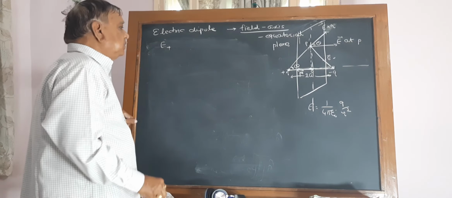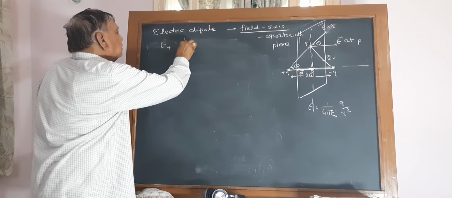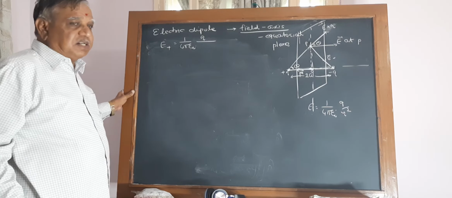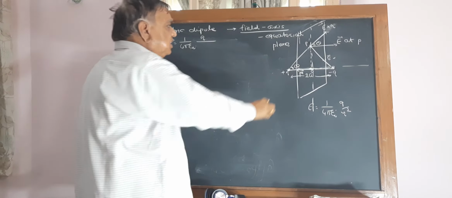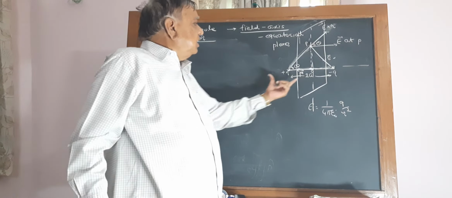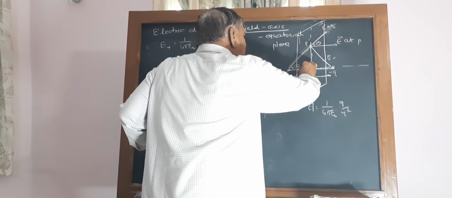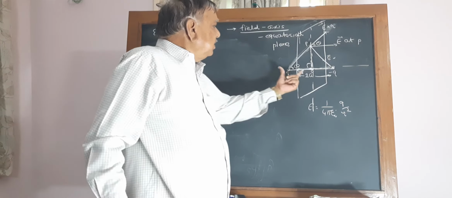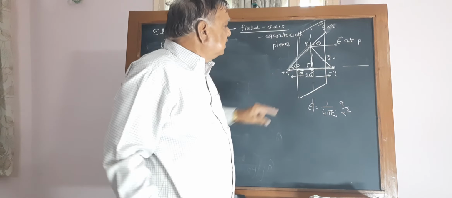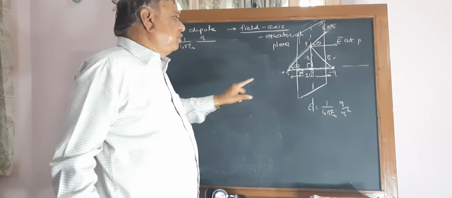Then as you know, 1 upon 4 pi epsilon 0 Q upon R square, the distance between them. Now see, this is the normal in a right angle triangle. This is A and this is distance R of that point from the midpoint.